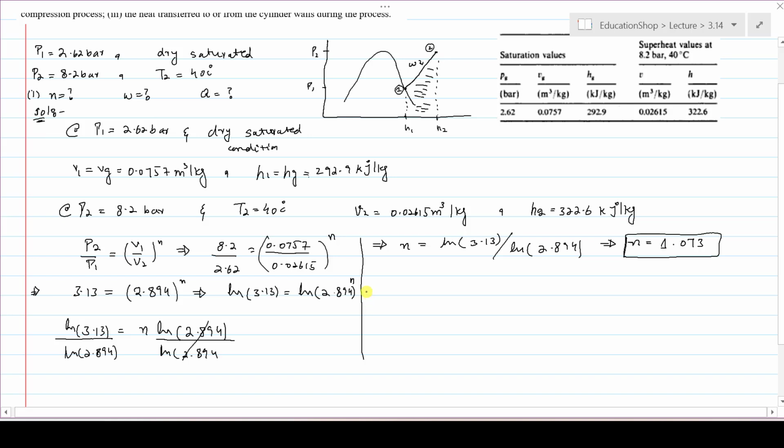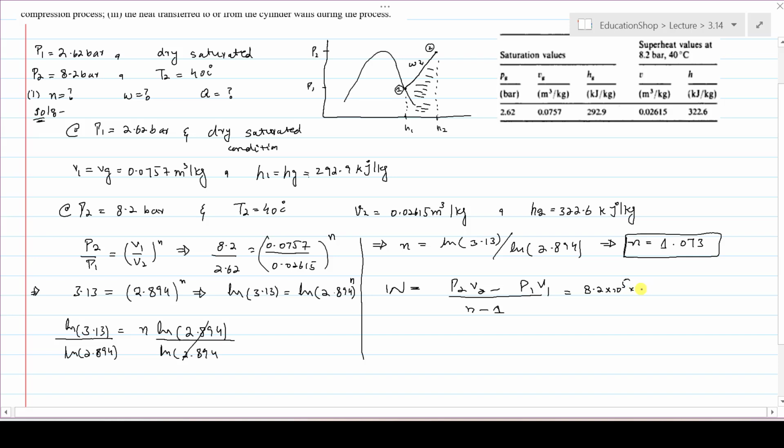Next we need to find the work input value that is required, that is equal to P2 V2 minus P1 V1 divided by n minus 1. What is the P2 value? That is 8.2 bar, multiplied by 10 to the power 5 to convert into Newton per meter square.